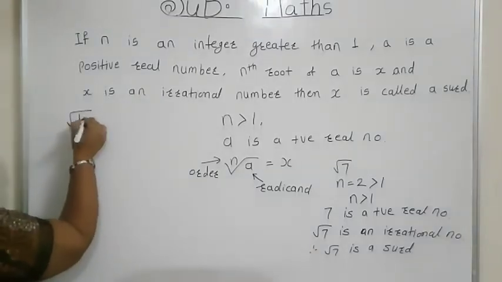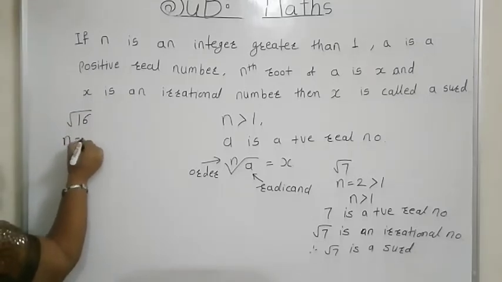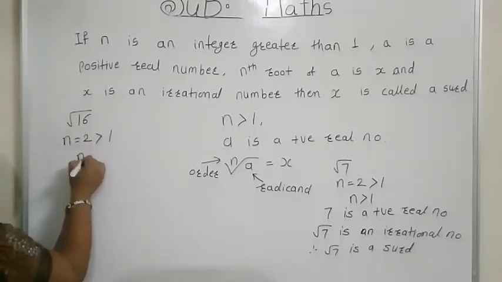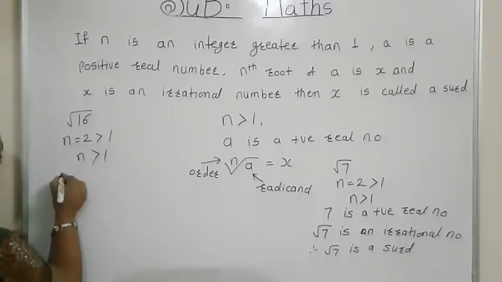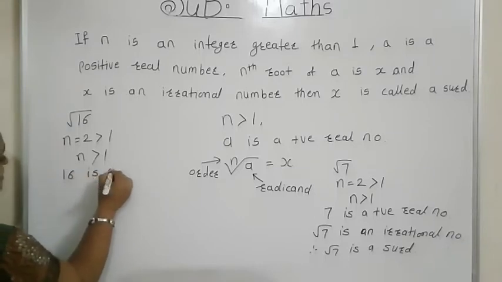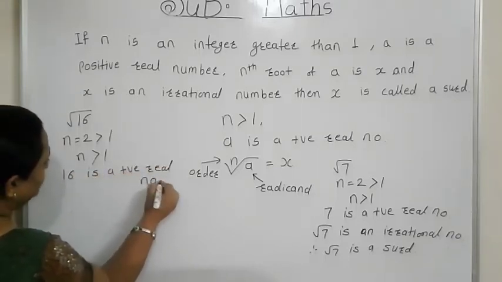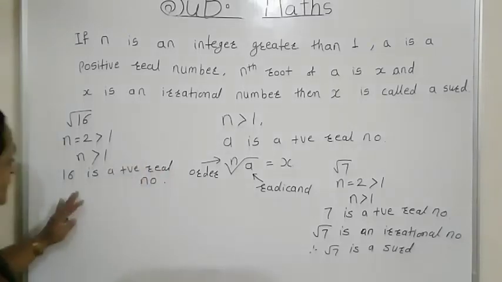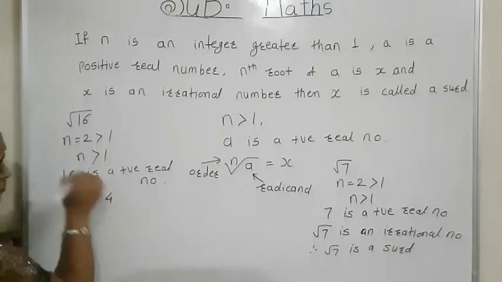Suppose root 16 is given. The order of the surd is 2 here. 2 is greater than 1, which means n is greater than 1. 16 is a positive real number, so the second condition is also satisfied. Now see the third condition: root 16 is 4.